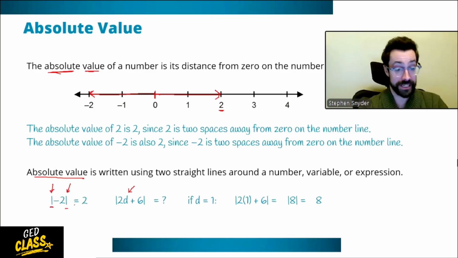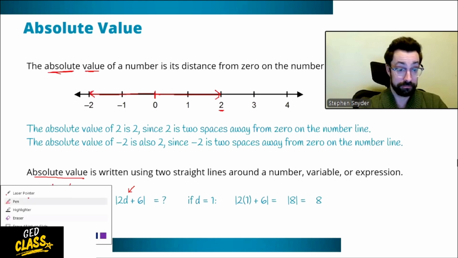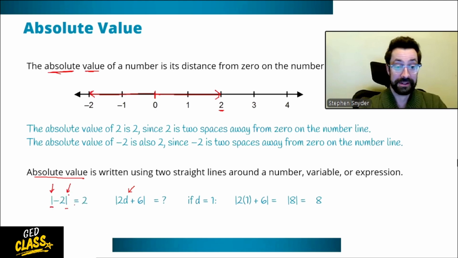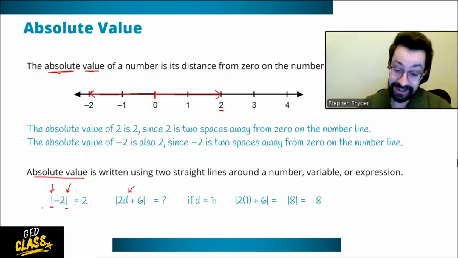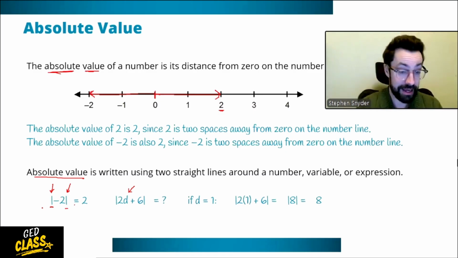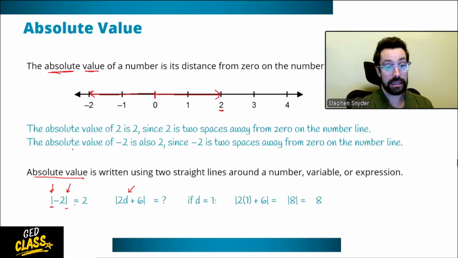I mean, there's no good reason for it. Somebody just made it up, probably someone in ancient Babylon or something. And it just means the distance from 0. So because -2 is literally 2 away from 0, we just replace that absolute value with that.